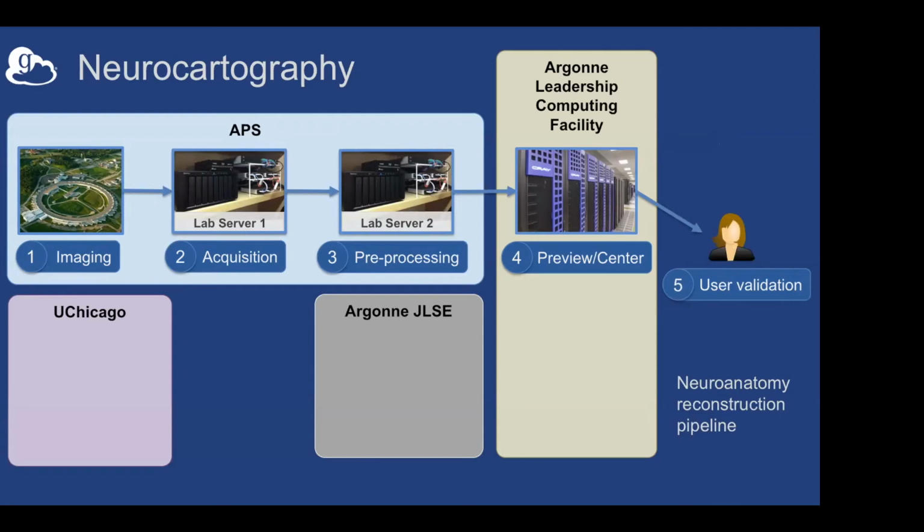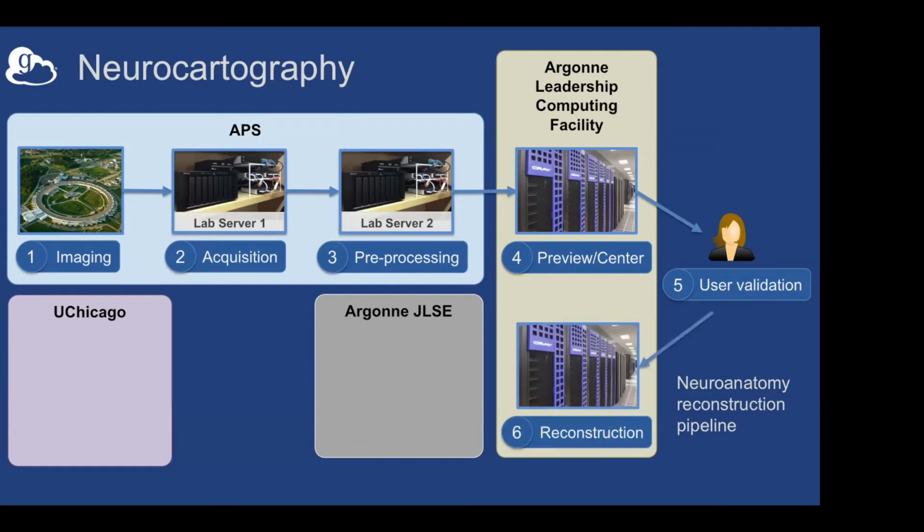A user may look at that to determine whether or not the beamline is properly aligned, focus, etc., and some adjustments might be made. And then once the data are run through at scale, additional analysis is done to reconstruct those images.